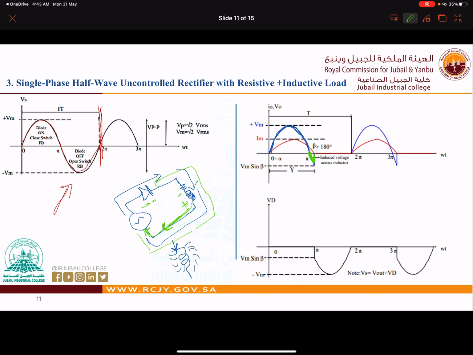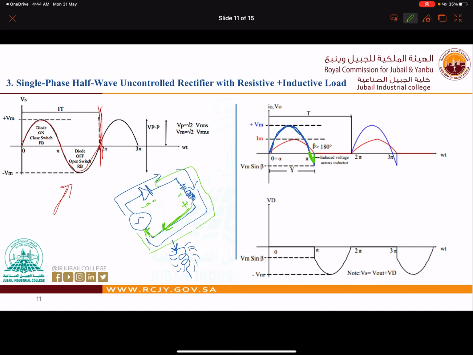Of course, if it is going to discharge current, there will be voltage, so we will have a negative portion here, and this is an issue with the inductive load. If we have a negative portion here, then the output voltage will be less. Inshallah we are going to fix this problem.